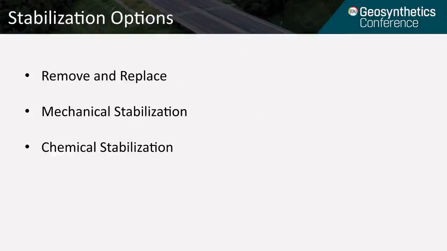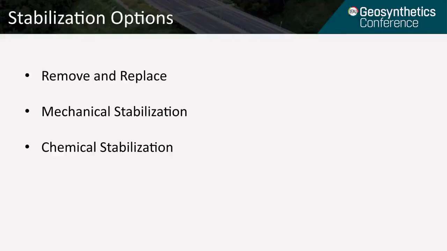The three common methods to stabilize soil are remove and replace, mechanical stabilization with geosynthetics, and chemical stabilization. The remove and replace method involves undercutting and removing soft, weak, or possibly wet, undesirable soils and replacing them with an engineered fill.